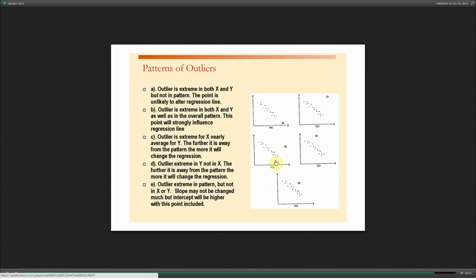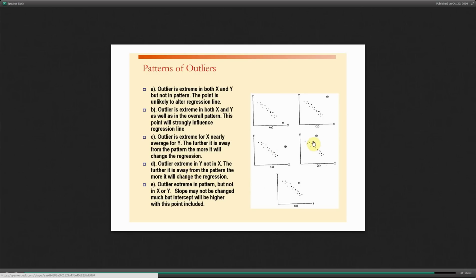The more it's away from the regression line here, the more it's going to influence. It's not going to really influence the dependent variable so much. But you can see, again, it's going to pull this line away. So this also ought to be investigated. You ought to investigate whether your independent variable value observation is correct or reasonable.